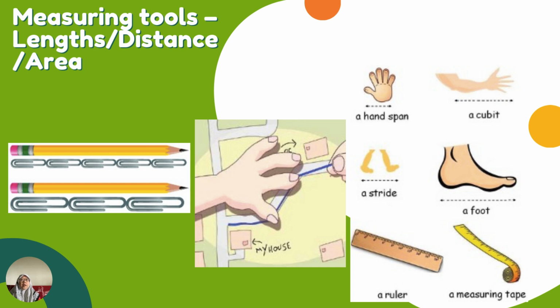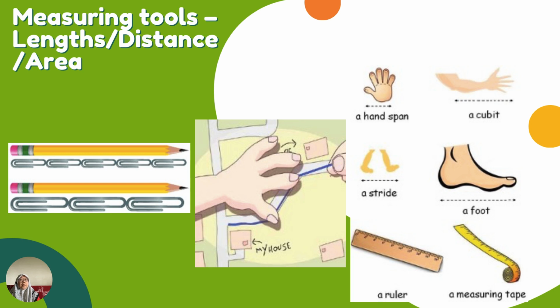Another example of measuring length or distance is when the students are asked to find the length or the distance from their house to their school. They have a map, and what they use will be a thread.